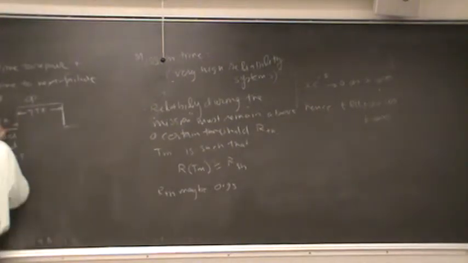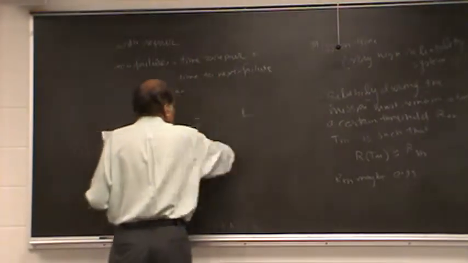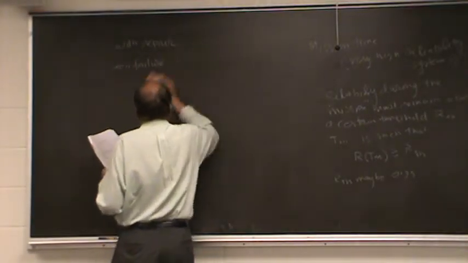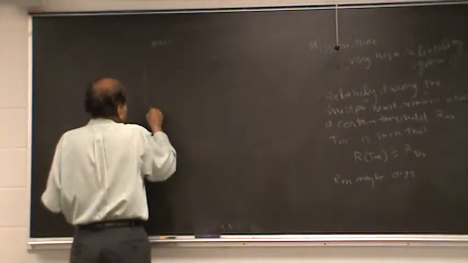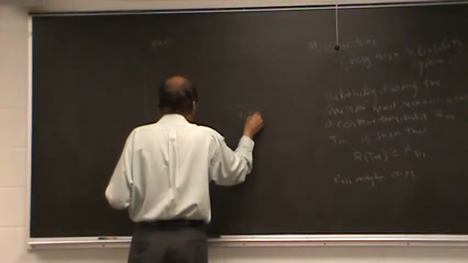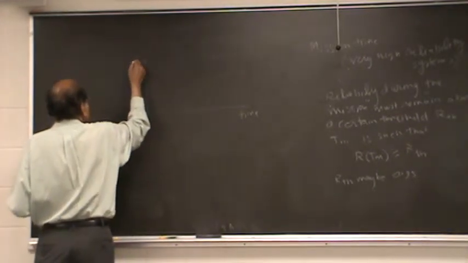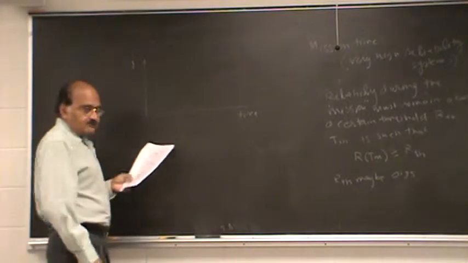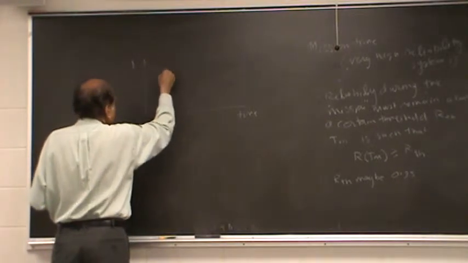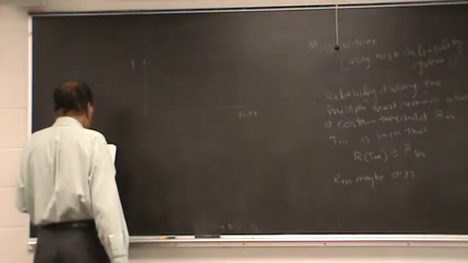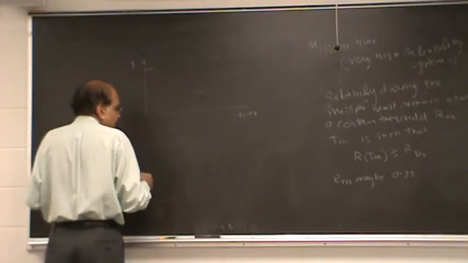Now, as I was mentioning, reliability decays with time relative to permanent failures. So here we have time. And initially, we often assume that the reliability is 1 when we start. And let's assume that reliability drops in this way. And let's assume that R sub TH is 0.95.